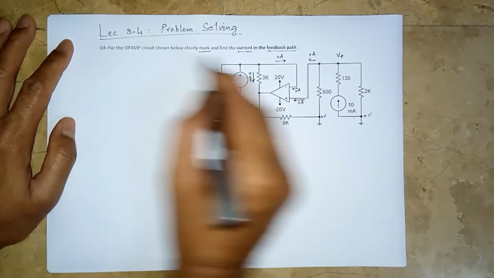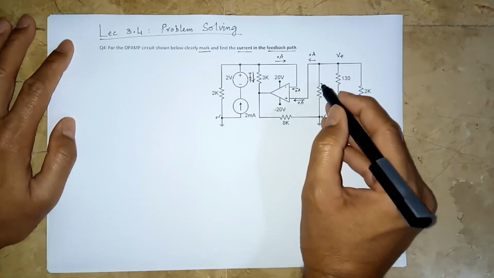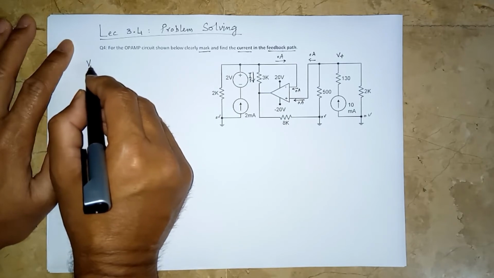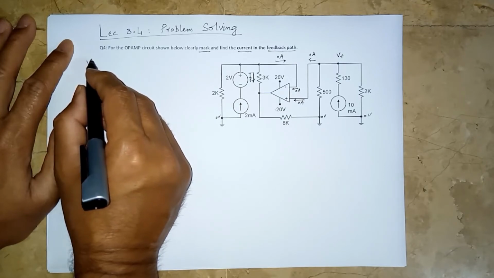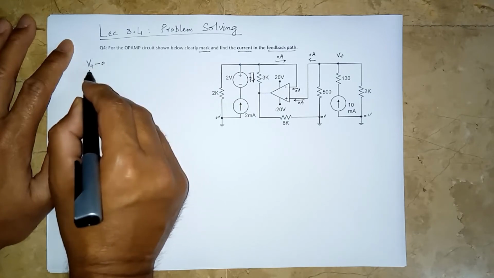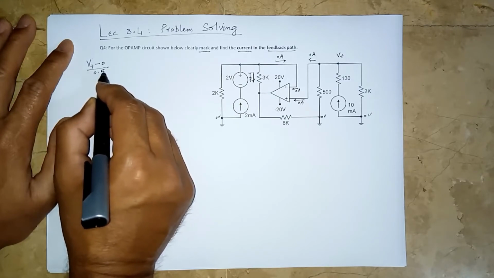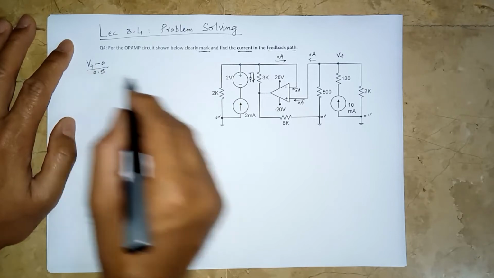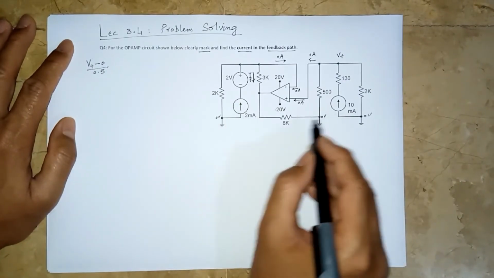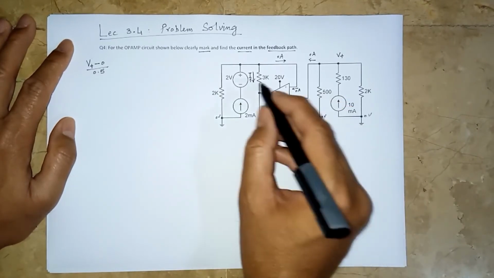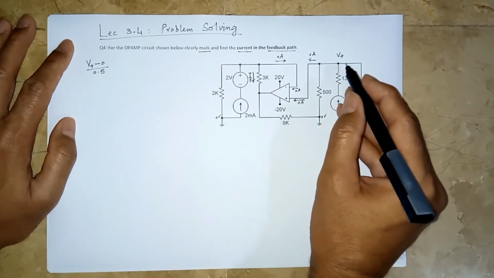So we can say (V plus minus 0) over 0.5, with V plus being the voltage. We like to write the current terms in milliamperes. You see all the current sources are marked in milliampere, so be very careful about that. So this must be in kilo-ohms as well, so 0.5.